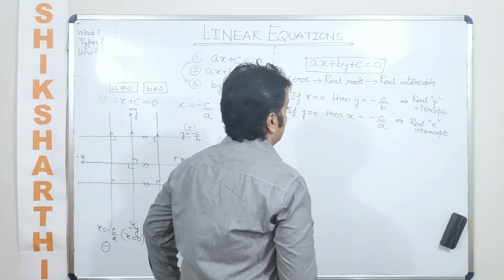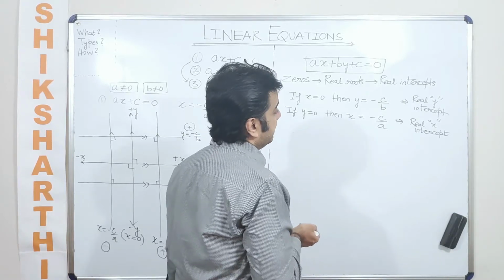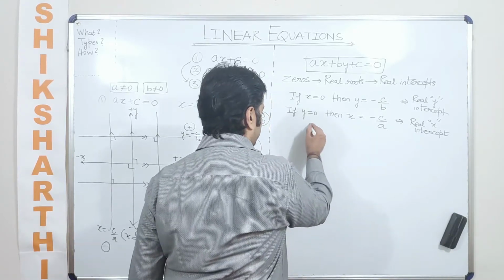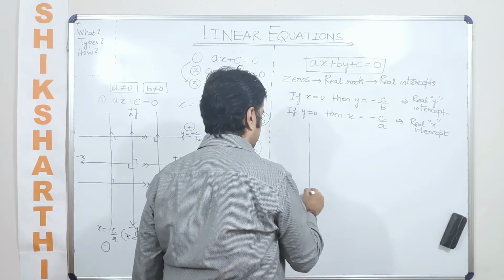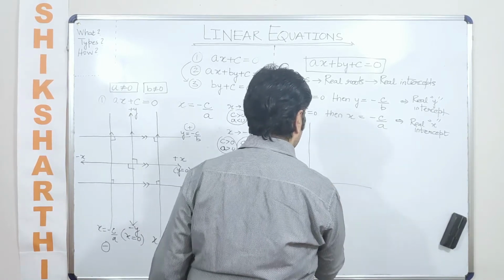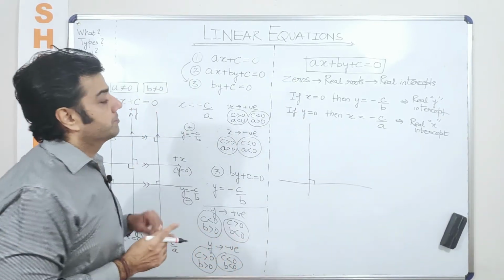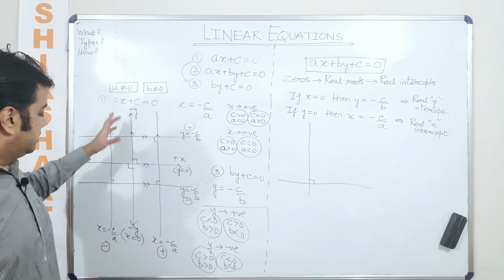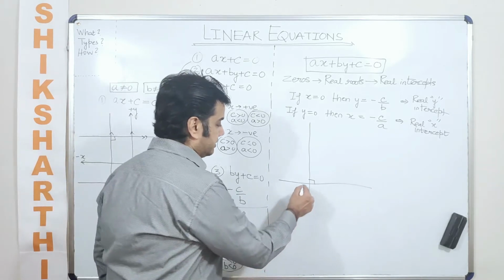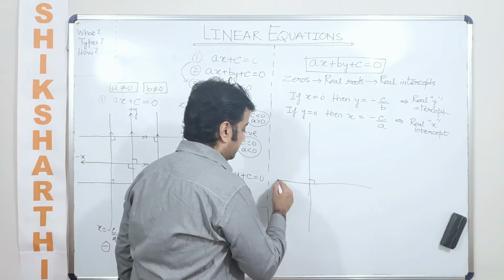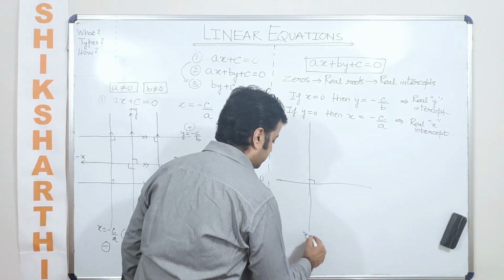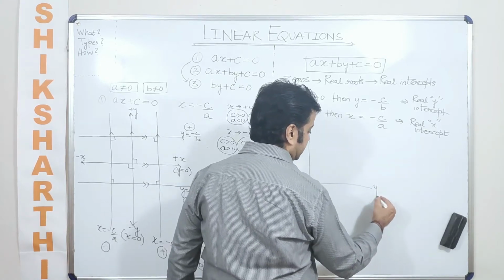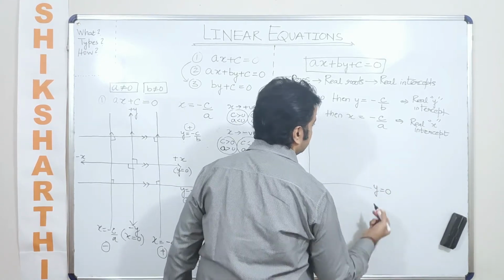Okay. Now the next thing that you need to understand after this is how to plot this. So as learnt here, now when I am plotting this, here we knew that this line is the y-axis, wherein my x coordinate is equal to 0 here, and this is my x-axis where my y coordinate is equal to 0.